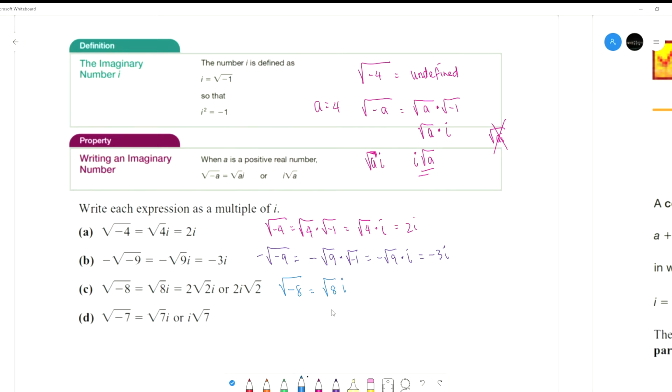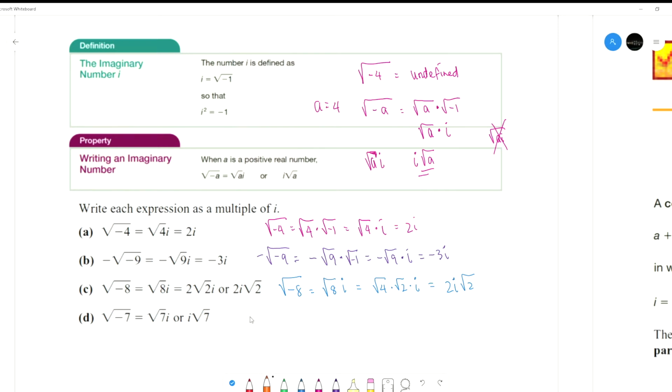And I would have to simplify the radical 8, because all radicals that can be simplified must be simplified. So what is square root of 8? That's the square root of 4 times the square root of 2 and then times i. Square root of 4 is 2, so I'm going to write the 2 and the i first and then the remaining radical 2. Everyone clear with that?